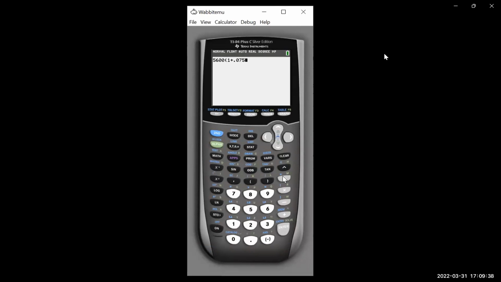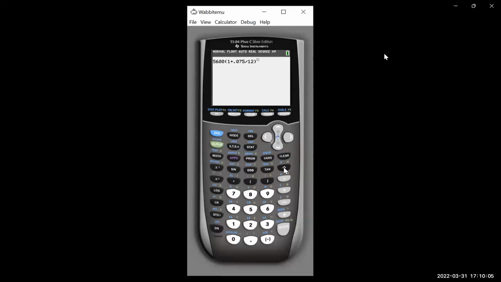Remember, it was 7.5%, so we converted that to 0.075. And then divided by N, which is 12. I use the division for the fraction bar, and then close parentheses. And then the exponent button, depending on where your calculator looks like. For me, this little arrow that points up is the exponent button.